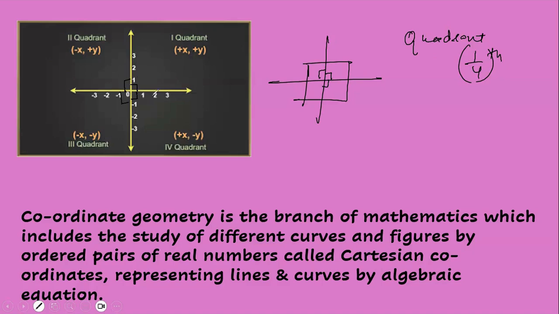Now, please remember, this is the first quadrant, this one is the second, then we move to the third, then the fourth. That means we are moving anti-clockwise. Whenever we talk about angles on the Cartesian system or coordinate plane, we always start measuring the angle from 0 degrees.